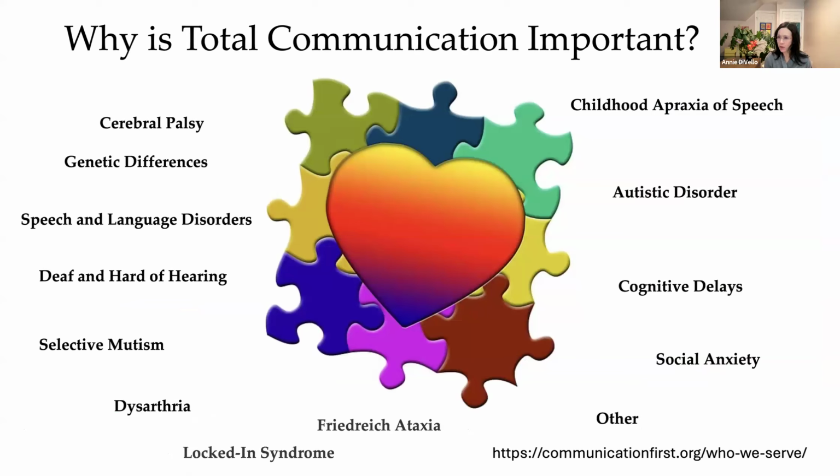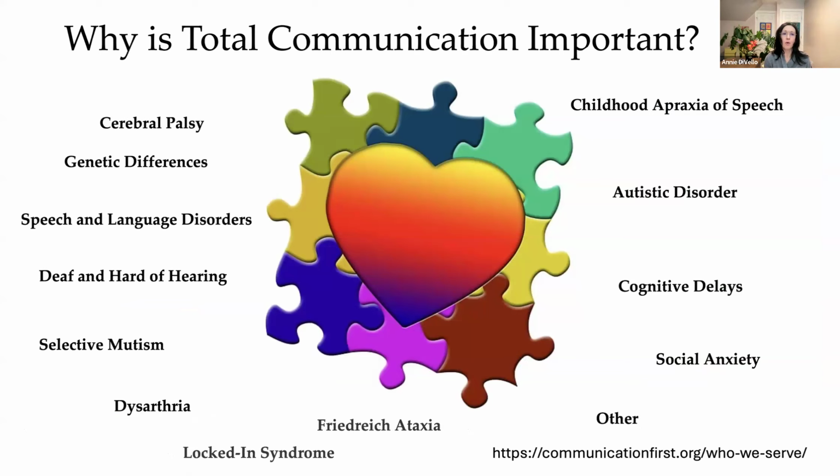Okay, so using a total communication approach in the classroom. Why is it important for us to be talking about this? Well, there are a variety of students that have communication struggles, and the list below, all the different names that I have, are just a few examples. And some of the students that you will be working with have one area of struggle, some have multiple areas of struggle.